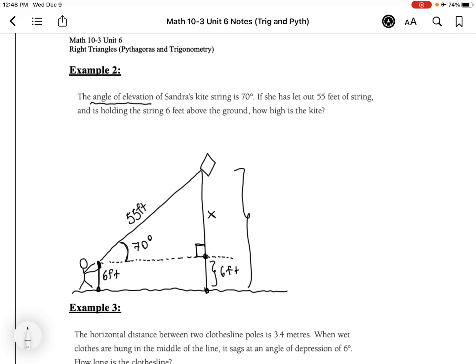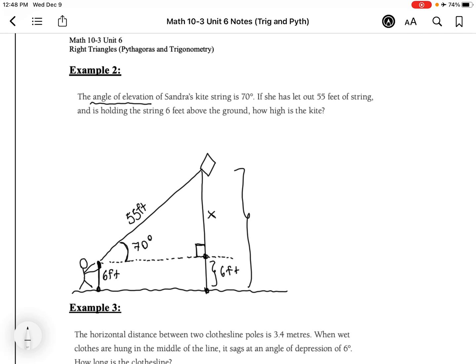And that's what the question is asking. Now x is part of a right triangle, and in that right triangle, we know an angle and we know another side. That means that we can now use trigonometry to find the value of x. And that's what we're going to do now.